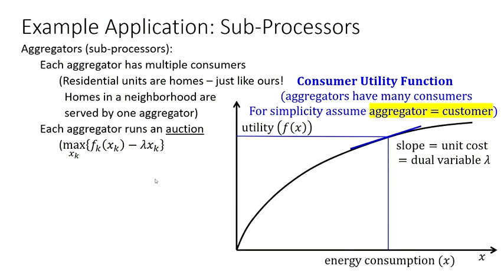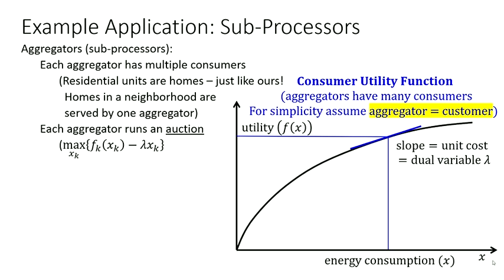Now, a little bit about this. What happens is each aggregator, or each subprocessor, runs this, correct? Suppose each aggregator was just one house. Let's think of it this way. Now Fk of Xk is some utility curve like this.